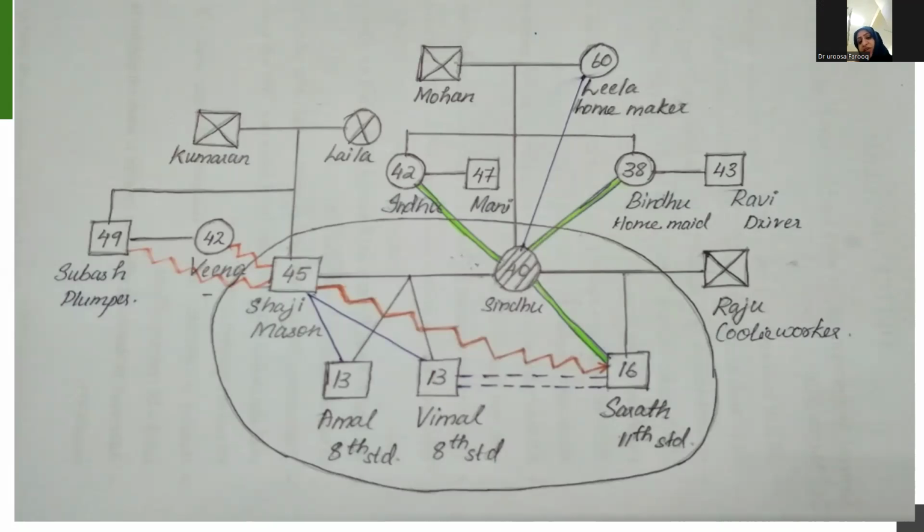So I just give this genogram because it makes my work easier. Holistically, I have to take our patients, so it covers the relationships of a patient with family members, and how the ties are going.